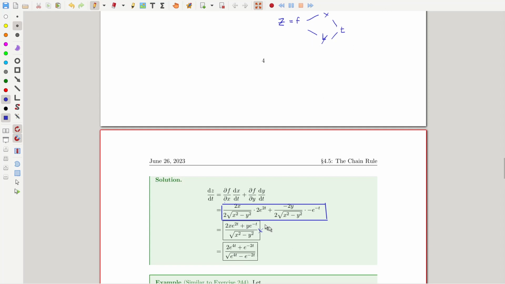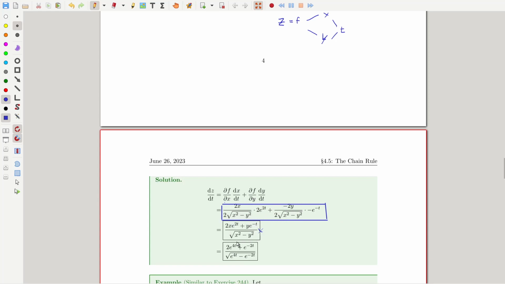So notice that the way that this is written, you're kind of mixing variables of different layers. You have x and y and t, but x and y are functions of t. So one thing you can do is to do the composition to bring the variables down to the same layer, which is what I do next.